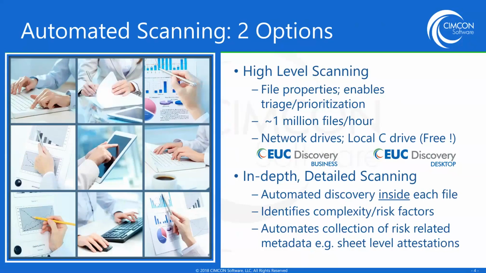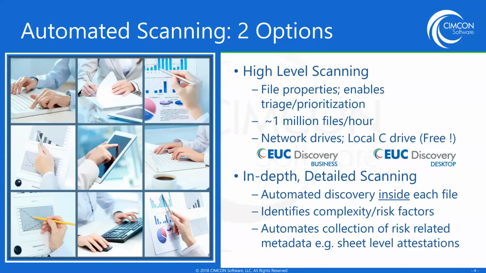So when you're looking at, especially for corporate network drives and file shares, there are literally millions and millions of files. And just to get a good understanding of which of these files are the ones that I'm interested in taking a closer look at.